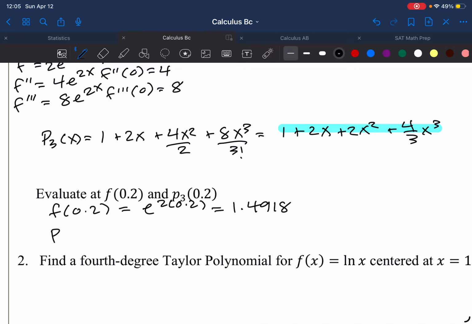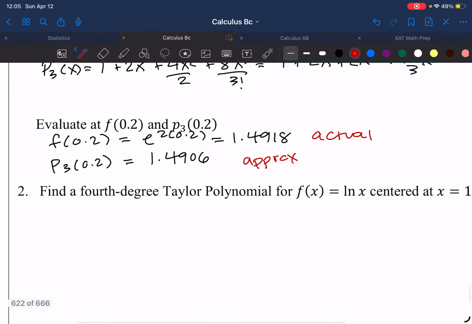And then p sub 3 of 0.2 would be 1.4906. And so remember, this is our approximation. This is our actual value. So look how close we got with this approximation, which means this is a very good approximation for the following function. Okay, next example.